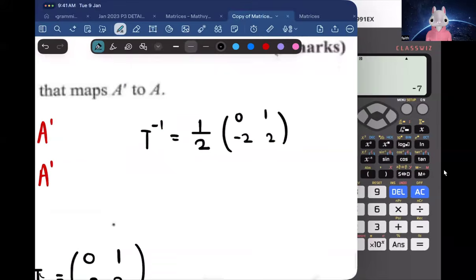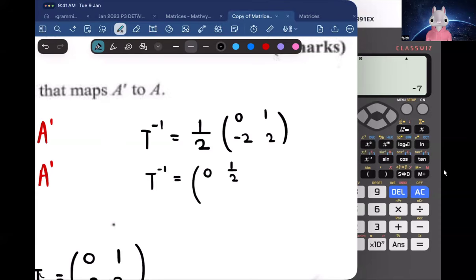So you're going to multiply everything there by a half. What's a half by 0? 0. What's a half by 1? A half. Any number by 1 is itself. Like 5 by 1 is 5, 9 by 1 is 9, a million by 1 is a million. So a half by 1 is a half.